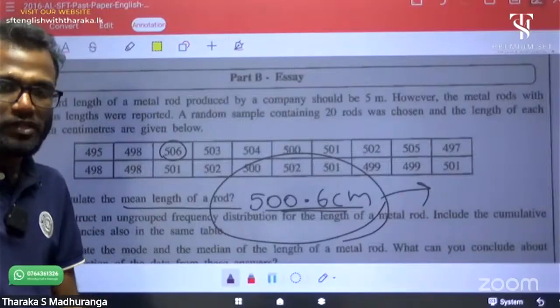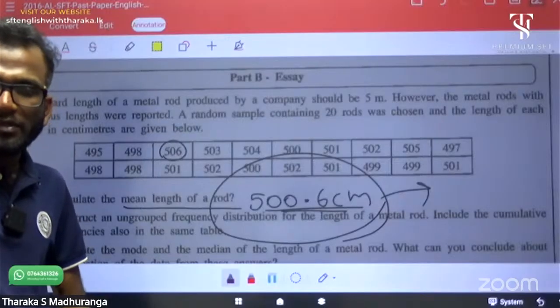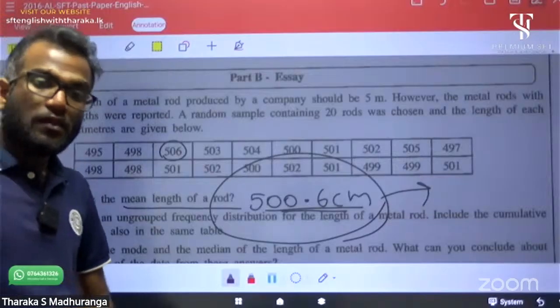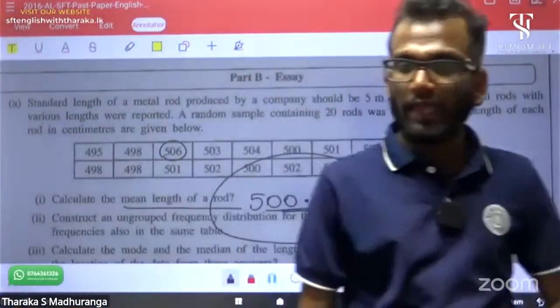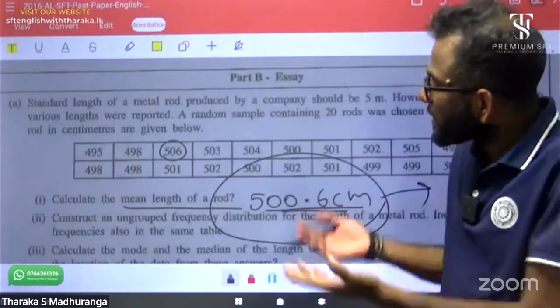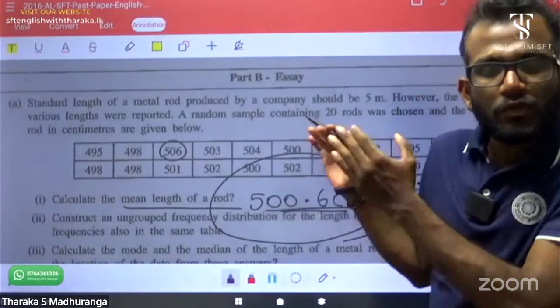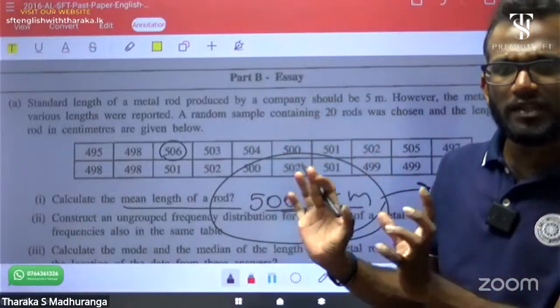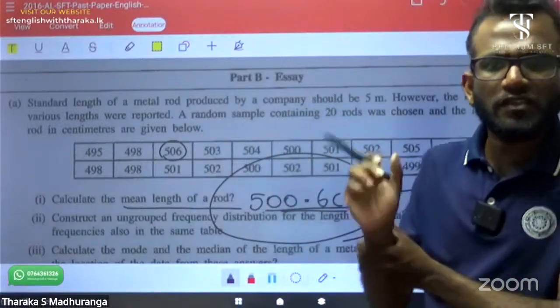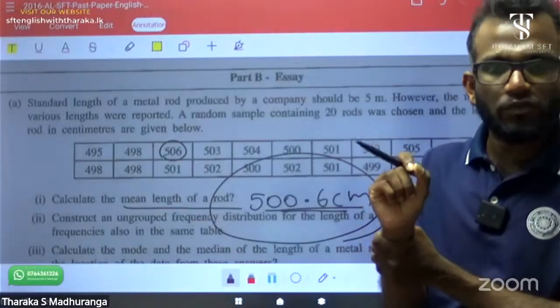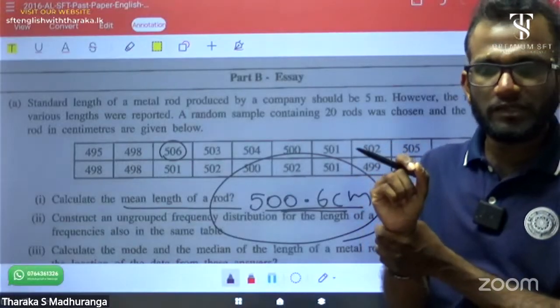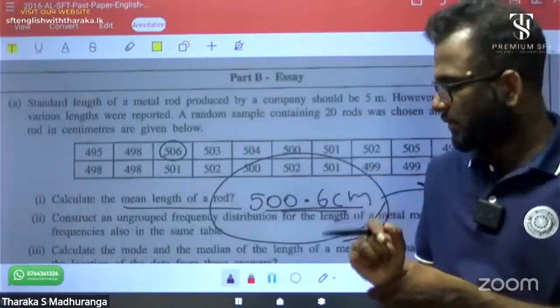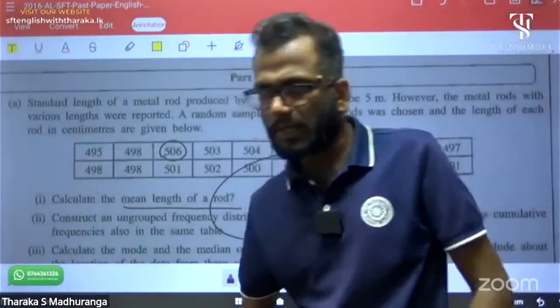That was an exam question in 2018, as I remember. What's the possible reason? Habib, what's the possible reason?